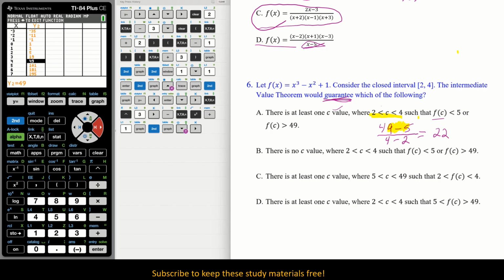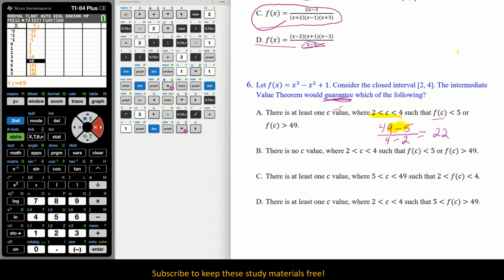So they're saying that f of C would be less than 5. Well, no, wouldn't it have to be between 5 and 49? And it says, or f of x is greater than 49. No, the idea is that it's in the interval and it's in between.